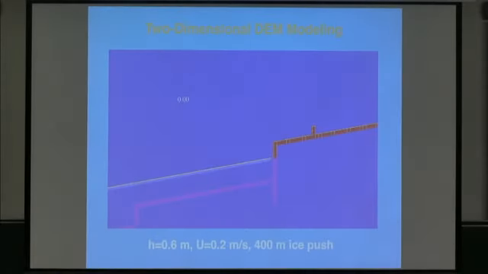Okay, so here's the beginning of the simulation. Here's the sheet and the structure. So initially you get this bogus breakage because there's no crushing in the model. But give it a little while.